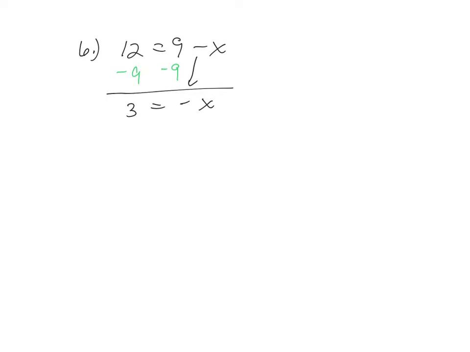So with that negative sign, remember that's really like a -1. So I divide by -1. Okay, so be careful of that. There will be one similar on the test.